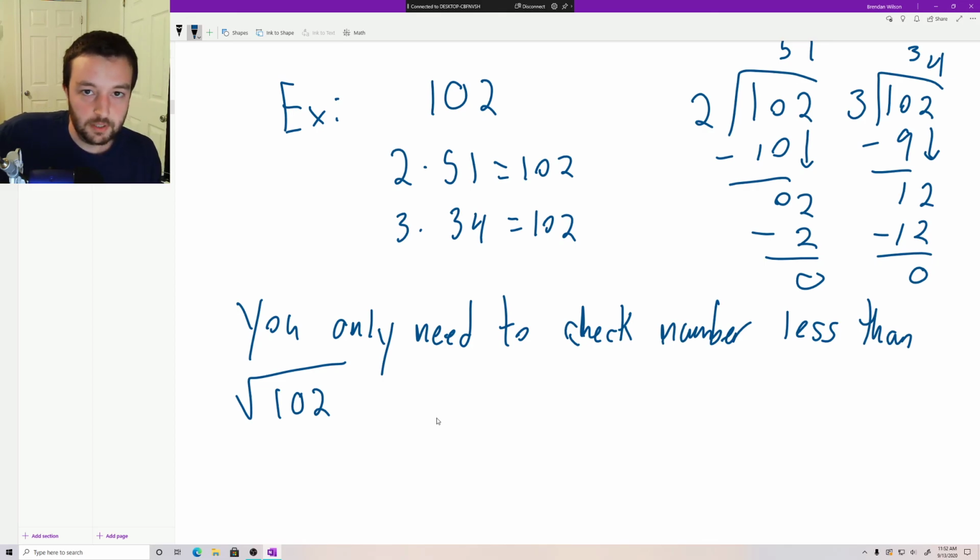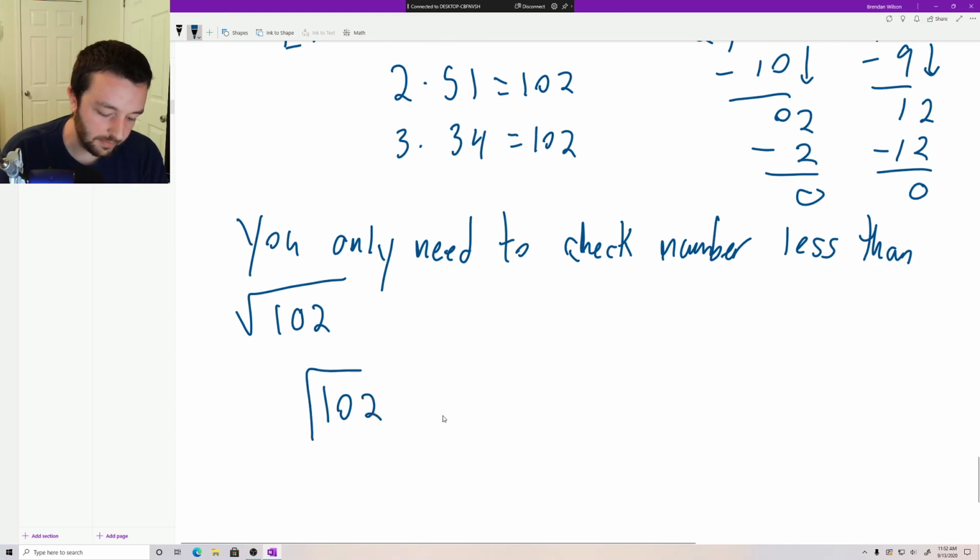This isn't so much something to worry about because in the next section, we'll have it a lot more organized. When we find the prime factorization, it's hard to exhaustively check all the factors, but at least if you only check less than the square root of the number, then there's not that many of them. So what other ones could be a factor? Well, we know 2 and 3 both go into 102, so that means 6 also has to go into 102.